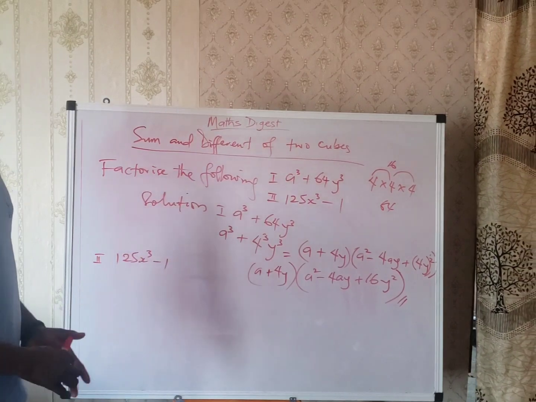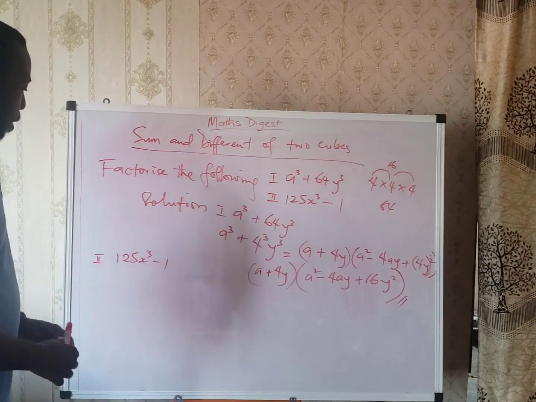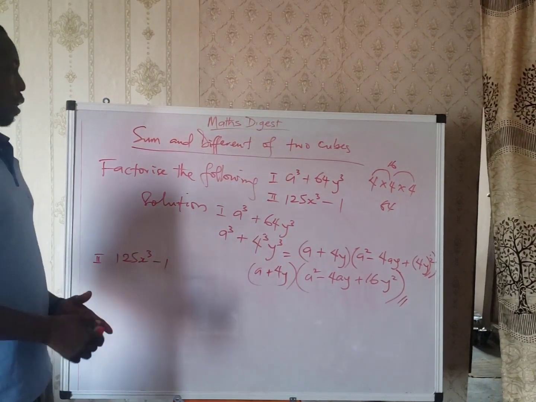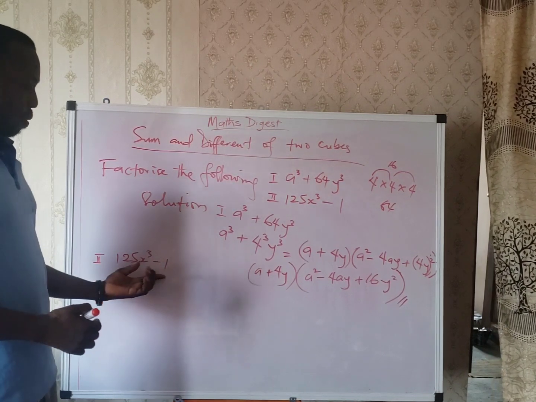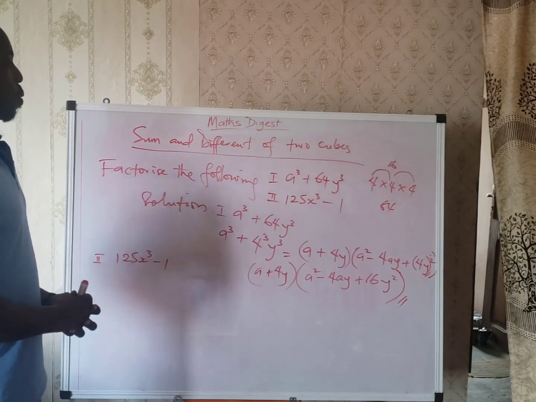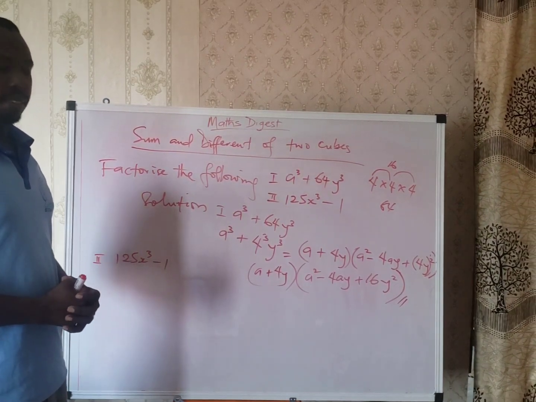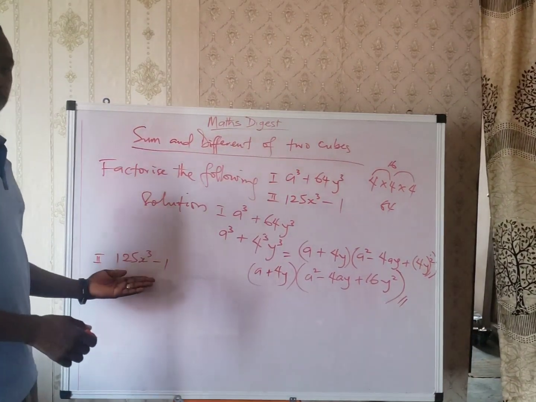There's a little trick we're going to do here because of this 1. I want to remind us that whenever you have 1 and you raise it to power 100, it still remains 1. If you raise it to power 1000, it still remains 1. Now, let it not get you confused at this stage.